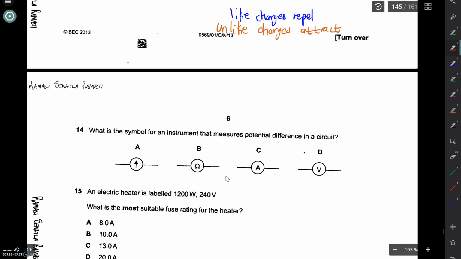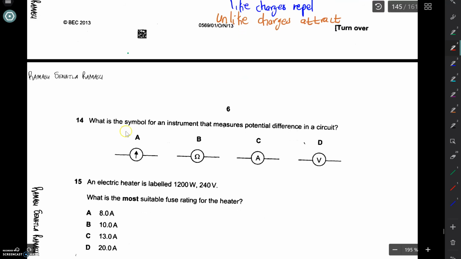Question 14 says what is the symbol for an instrument that measures the potential difference in a circuit? Well, that's a voltmeter. Your answer is D. It's a voltmeter.